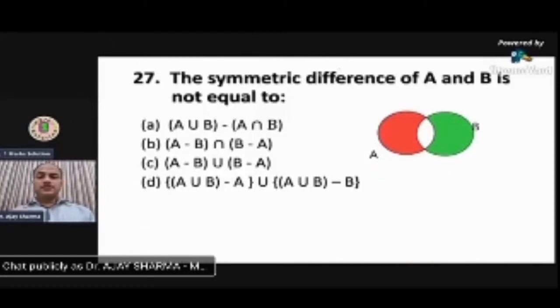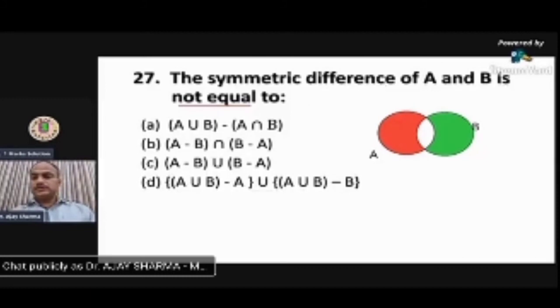This is the important thing. Now, the symmetric difference of sets A and B is not equal to what? Remember we have to tell that it is not equal to what. Let me explain what the symmetric difference is.